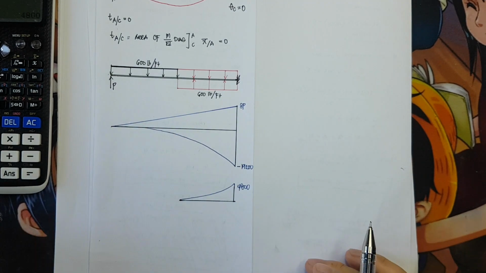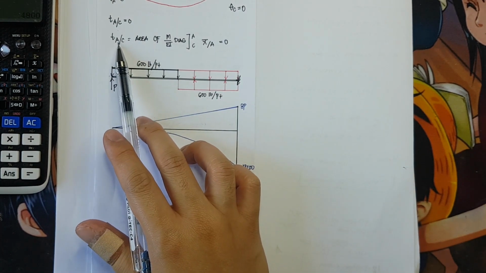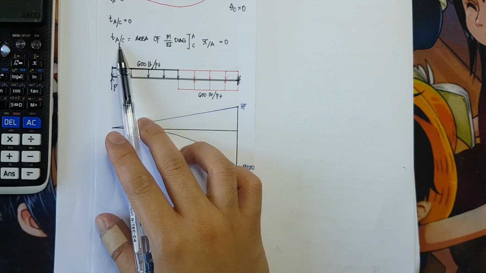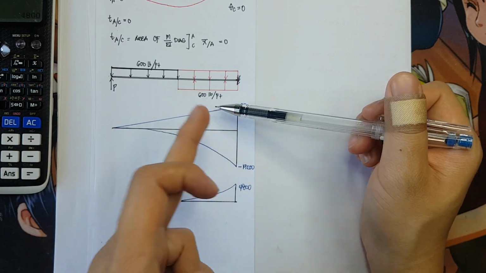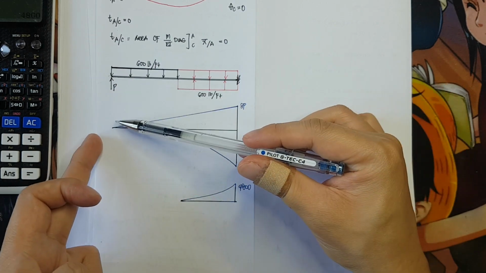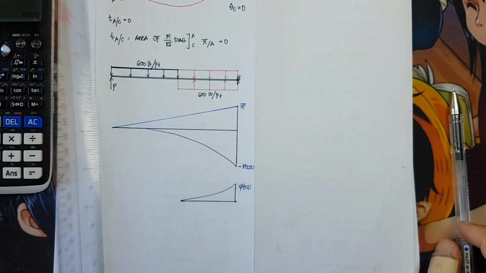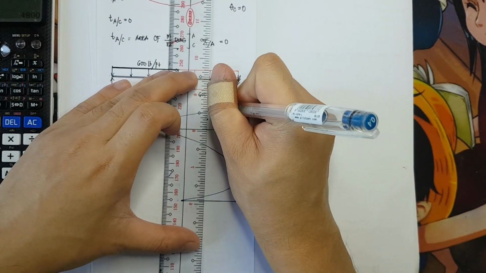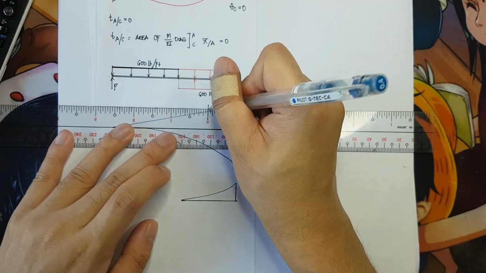Now take note, we are evaluating with respect to A, TC over A, the tangential deviation of A relative to C. Okay, so we need to determine the lever arm of each moment diagram with respect to A, x bar with respect to A. So the centroid here, we know that for a triangle, the centroid is 1/3 from the base.